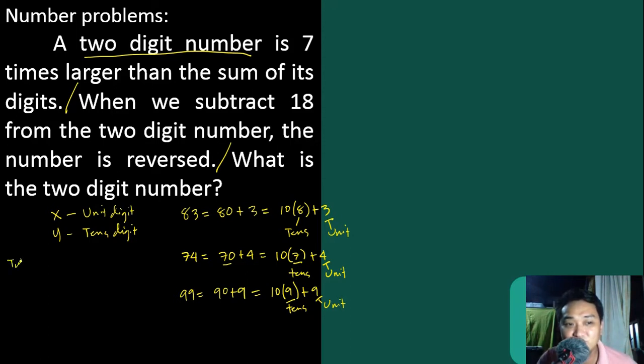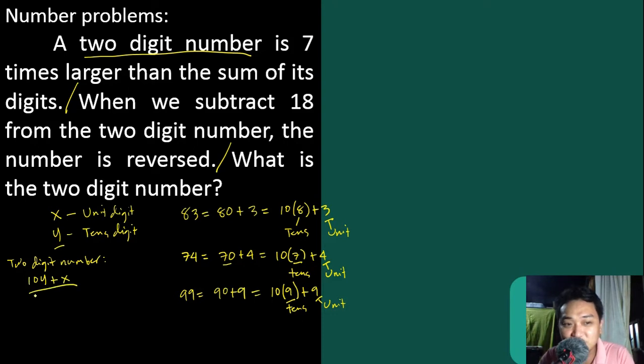So, the 2-digit number could be expressed as, ito po yung pattern, laging 10 times the tens digit plus the unit digit. So, that is 10 times the tens digit, which is y, plus the unit digit, which is x.